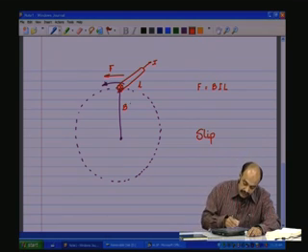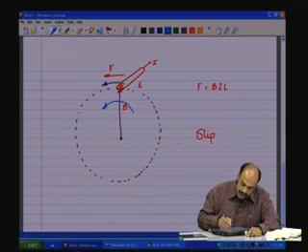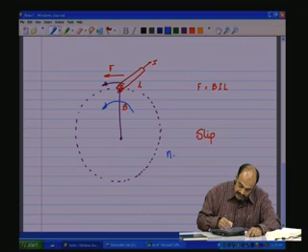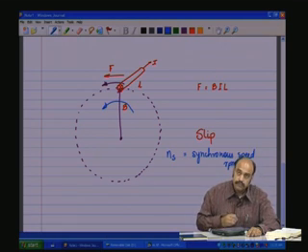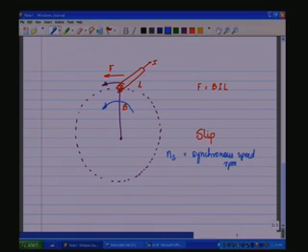So if the magnetic field is rotating at a speed, let us call it ns, called the synchronous speed, in RPM, and the rotor conductors are rotating at speed nm.